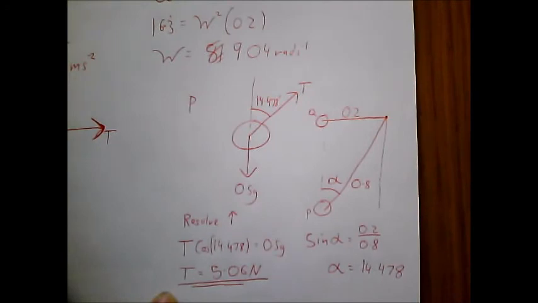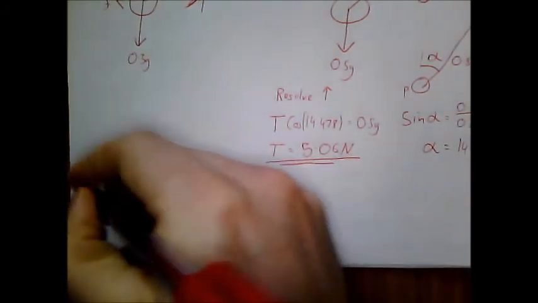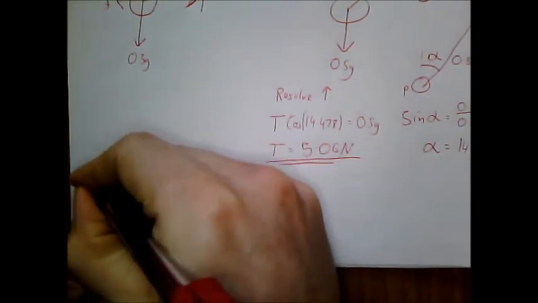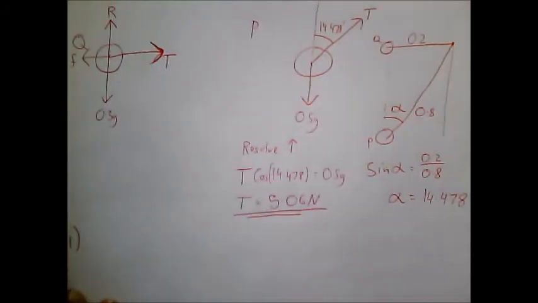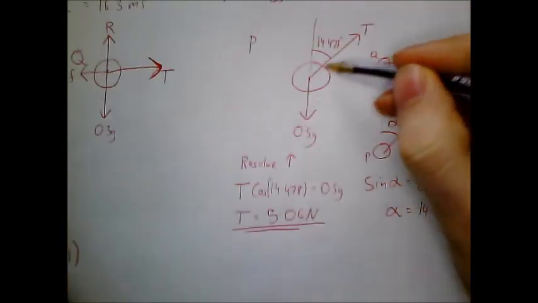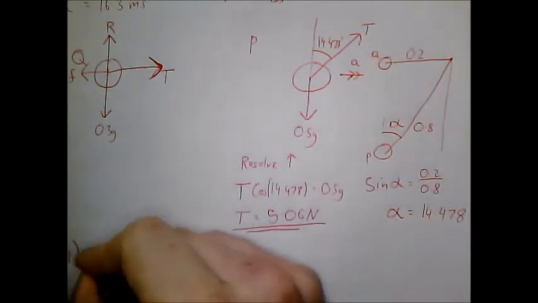Now finally for part 3, we want to calculate the speed of P, the tangential speed. At this point there's not really too much left to do. Particle P is accelerating like so.